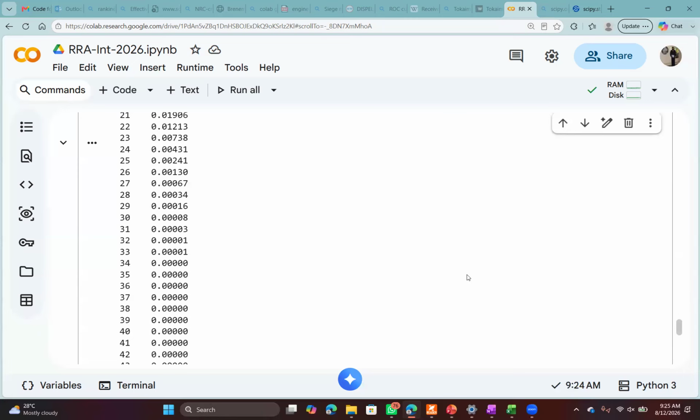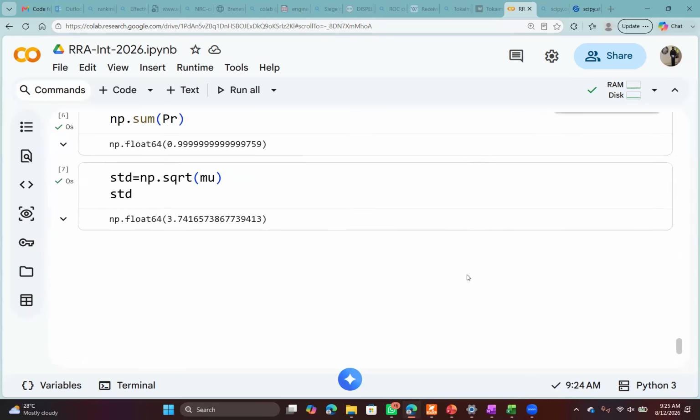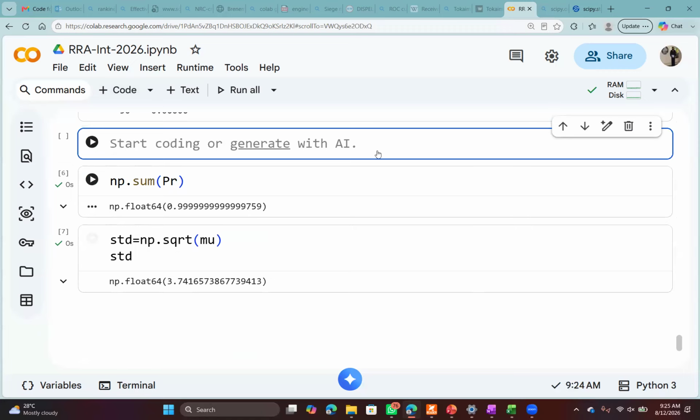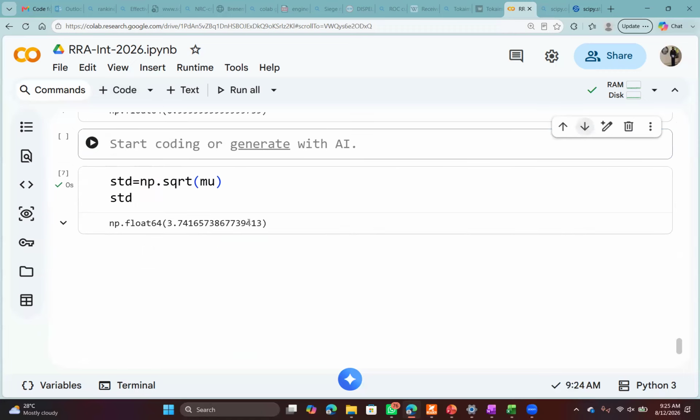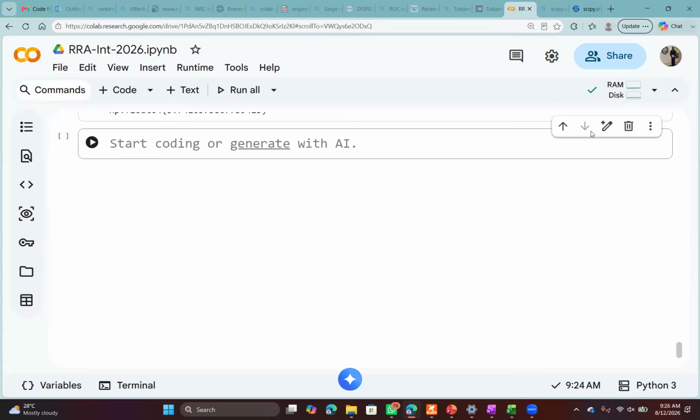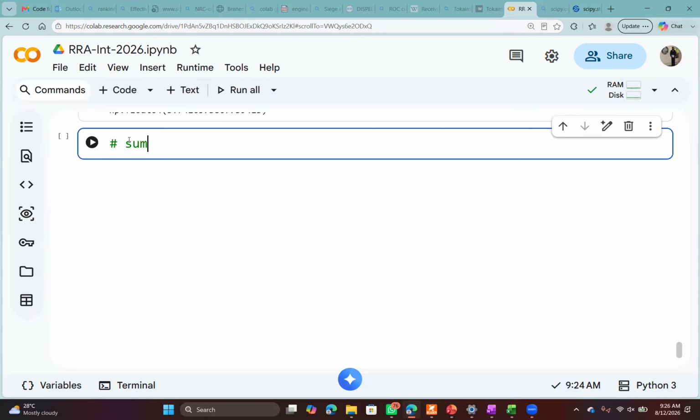And if you want to calculate the sum of only these probabilities, you can specify, for example, the sum of probabilities around 3 standard deviations.